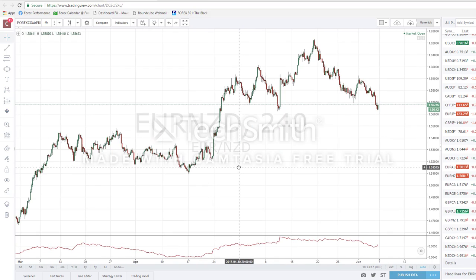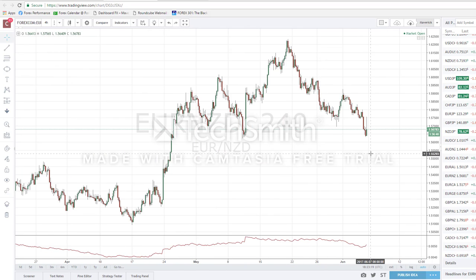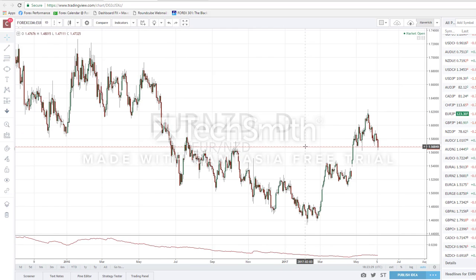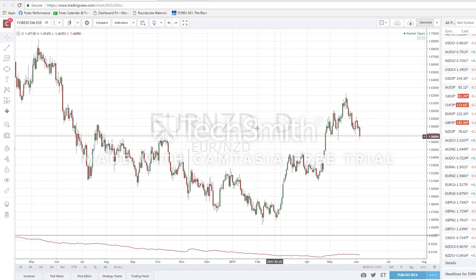Okay, so one of the first characteristics I use of a strong area of support and resistance is, in order for it to be valid, it must have been respected, or it must have had price respond to this area at least one time.